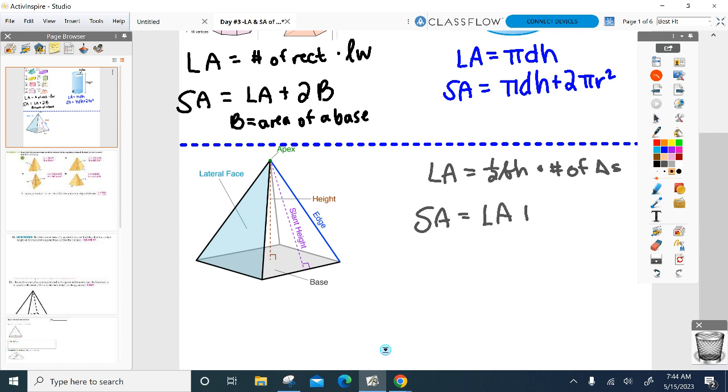So lateral area plus B, and again, notice I'm just putting 1B instead of 2B because there's only one base. And we went over Friday, don't assume it's a square. We threw one in the notes on Friday that was a hexagon. So be prepared to find the area of any type of figure. So there's the pyramid. And that was the assignment from the weekend.